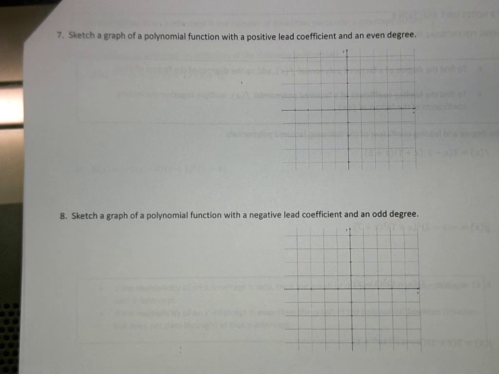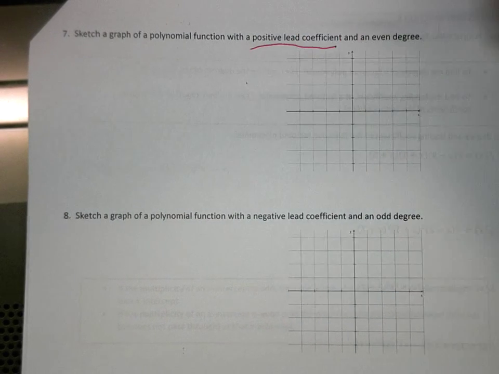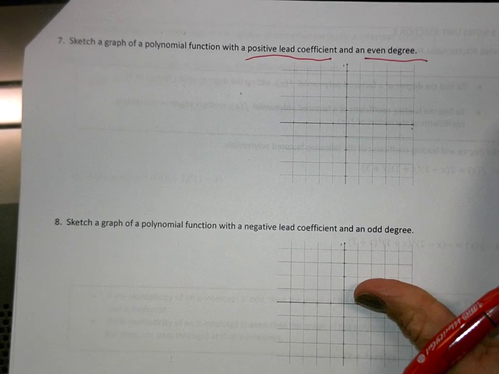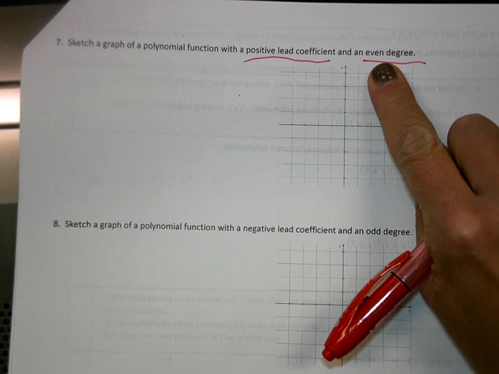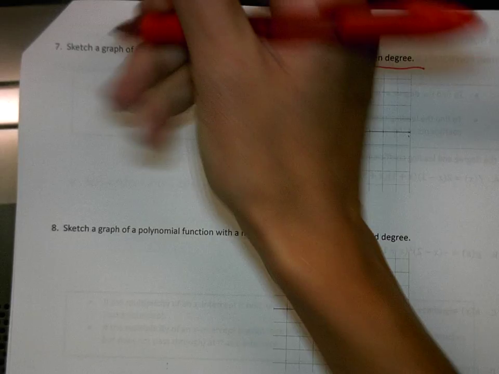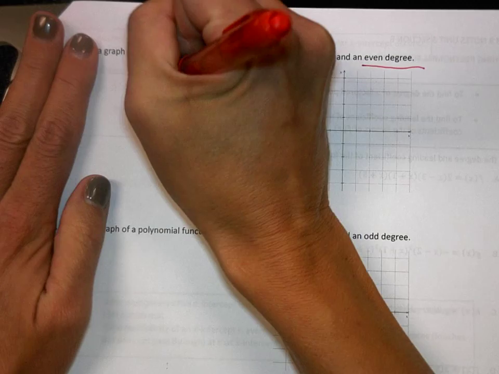Okay, so sketch a graph of a polynomial function with a positive lead coefficient and an even degree. Okay, so the even degree tells me that are they going to go in opposite directions or the same direction? Okay, so I'm going to write over here, same direction.